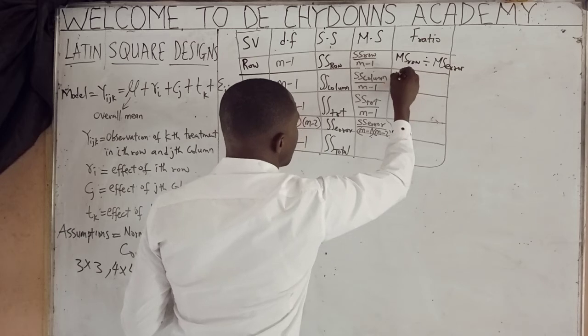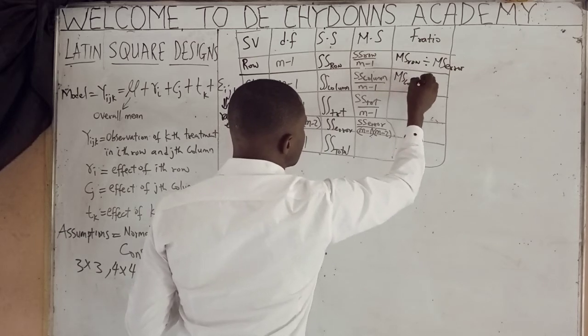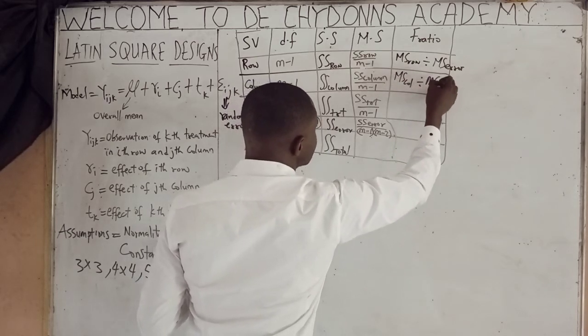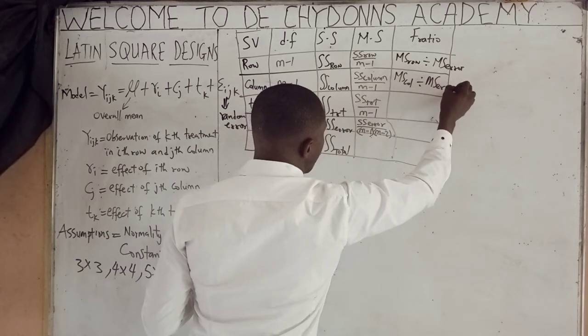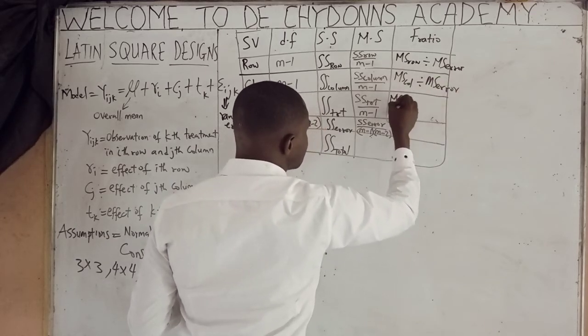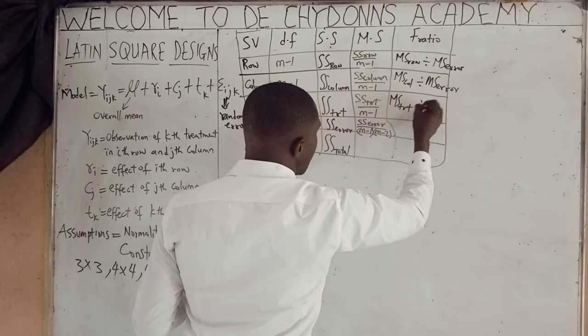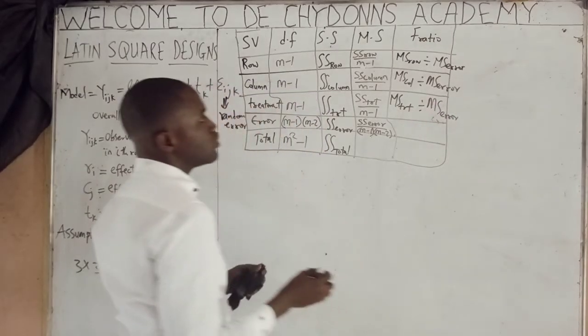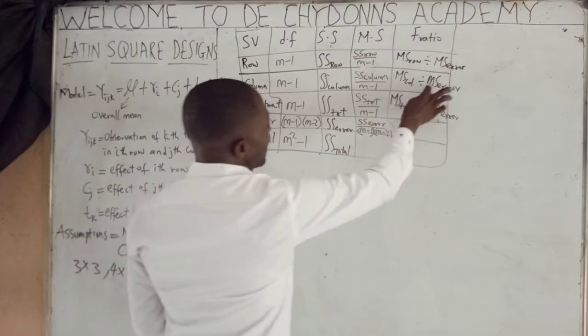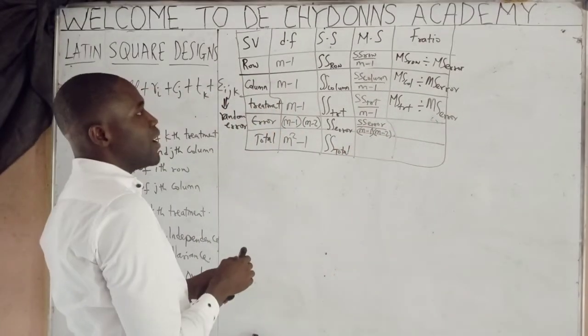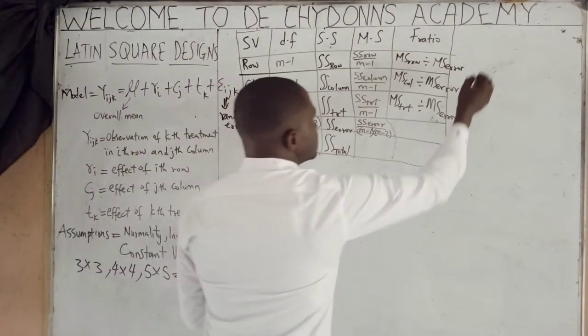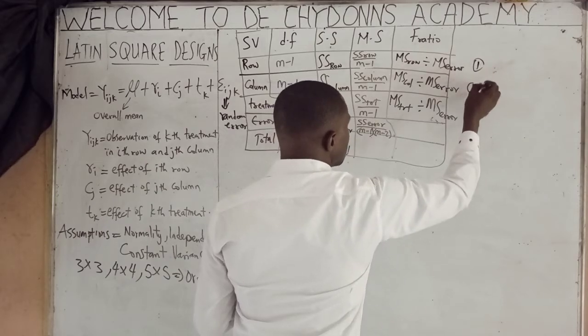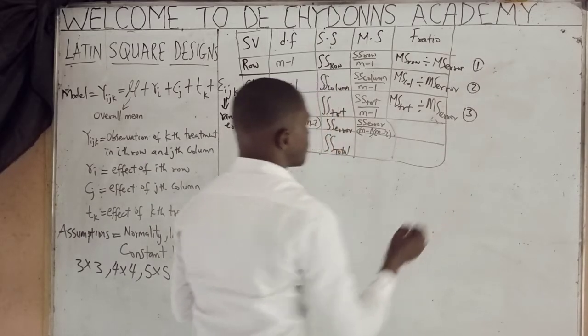Then the next one, MS column divided by MS error. Next one, MS treatment divided by MS error. So from these three, it means that we will have three conclusions on this.